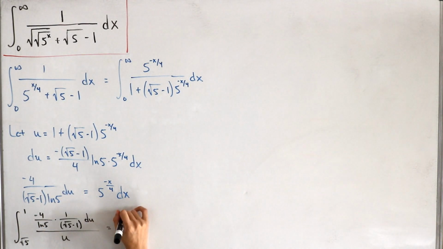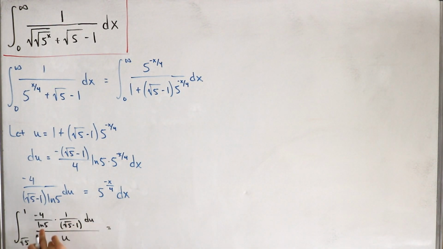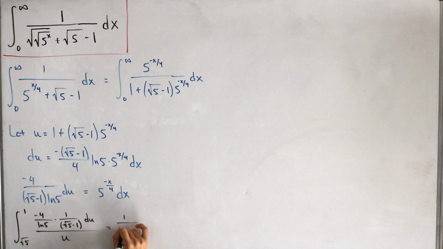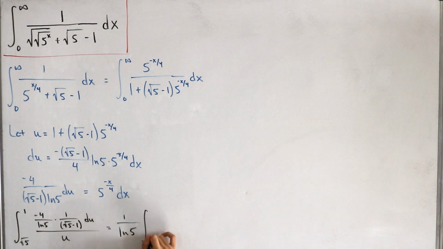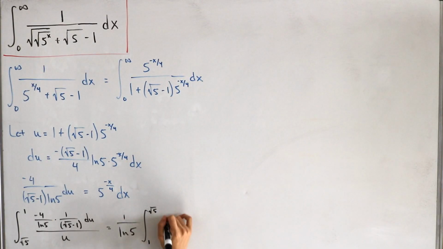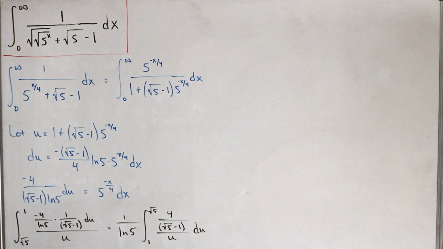So if I flip the bounds again, the negatives cancel, and then I'll factor out 1 divided by ln of 5 outside, since that's still a constant. Then we have 1 to the square root of 5, and that just leaves us with 4 divided by the square root of 5 minus 1, then divided by u, then multiplied by du.